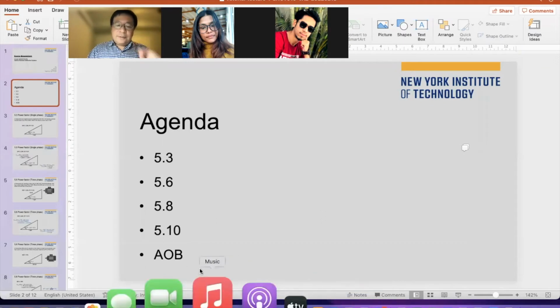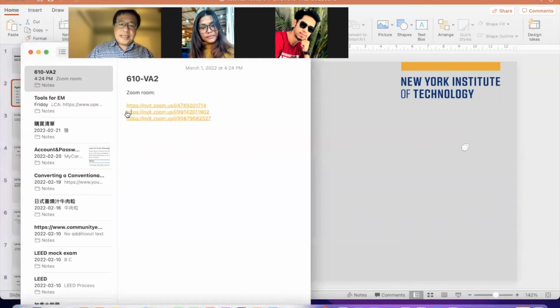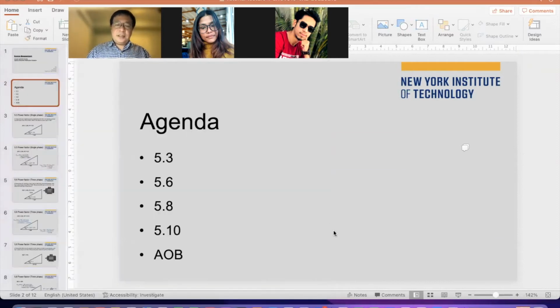After 10 minutes, we will switch to the second link. If we stop accidentally, click the second link and enter the chat room again.